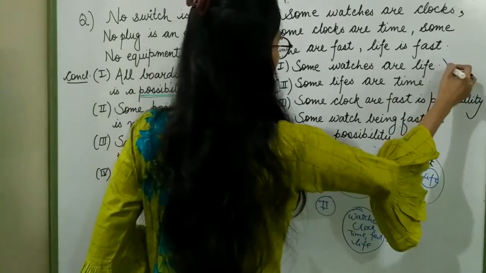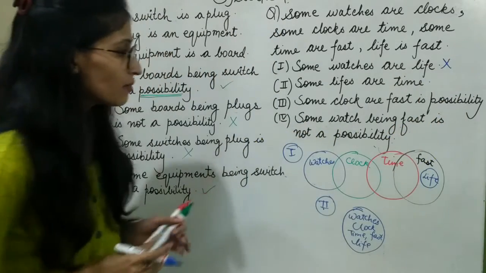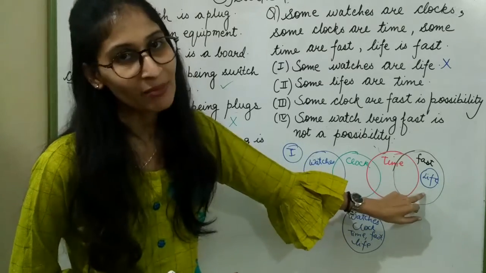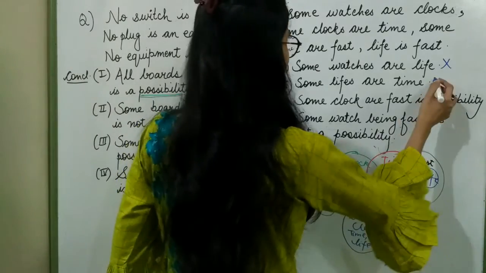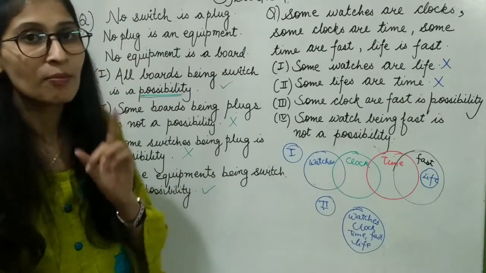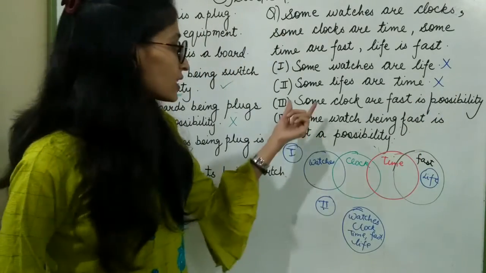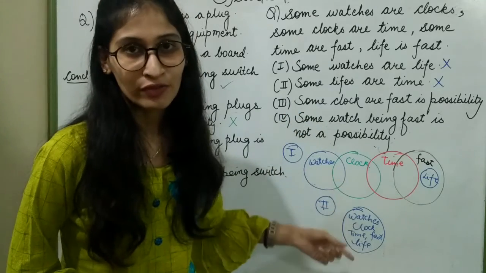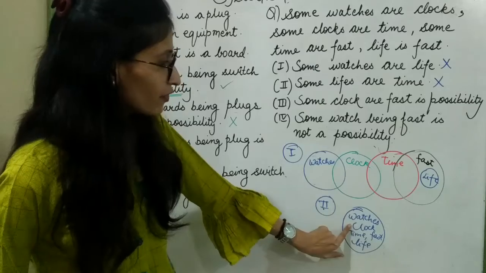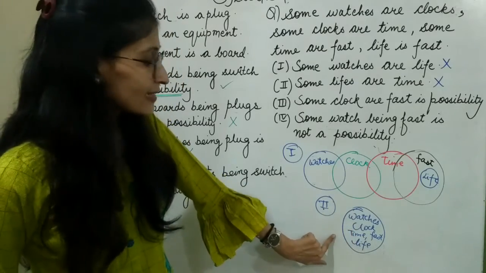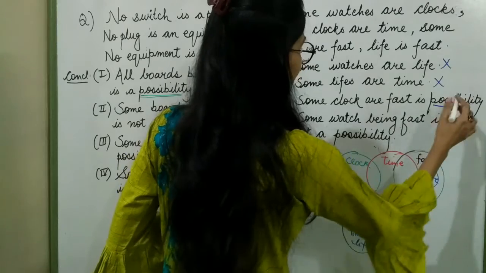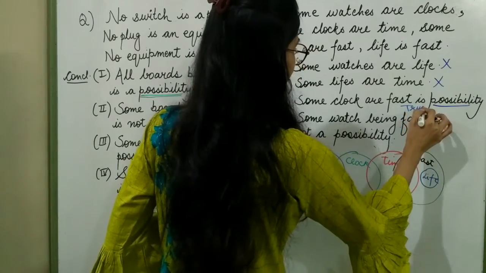So this is false. Some lives are time. Again, this is not satisfying my first Venn diagram. False. Some clocks are fast is a possibility. So if this conclusion satisfies any one of these, then it will be true. Some clocks being fast is satisfying my second Venn diagram. The word possibility is there, so it is true.